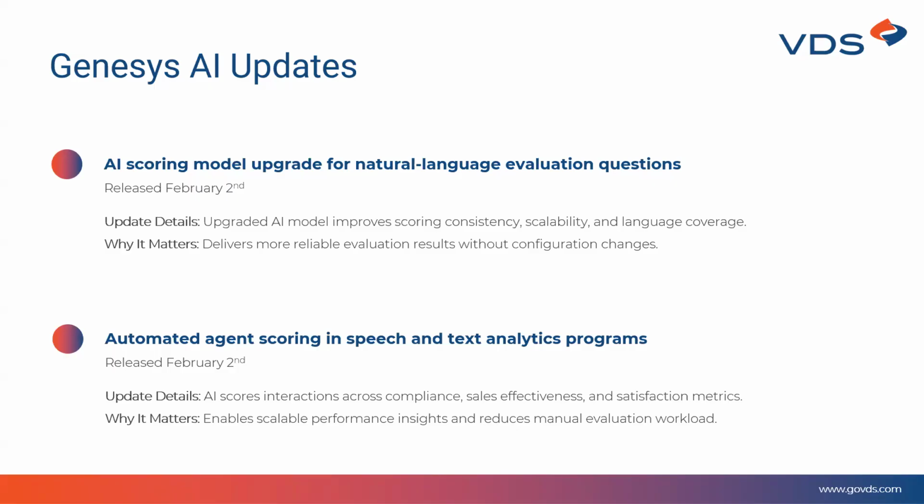Next, we have the automated agent scoring in speech and text analytics programs. This update allows admins to configure automated agent scoring within the speech and text analytics programs to evaluate customer interactions at scale using the Genesys virtual supervisor capabilities. This helps to ensure consistent, high-coverage insights into agent performance by leveraging AI to score up to 100% of interactions across key areas.